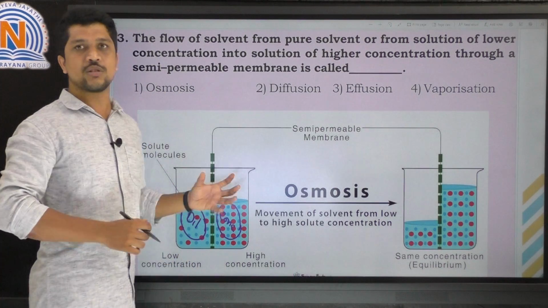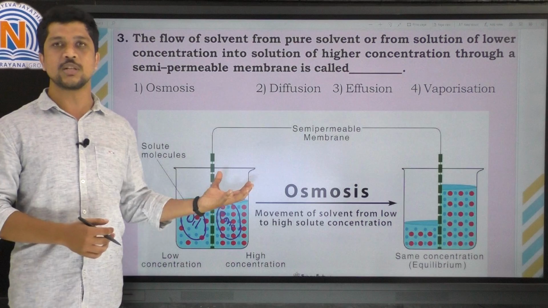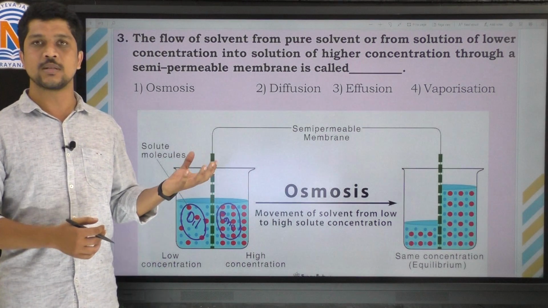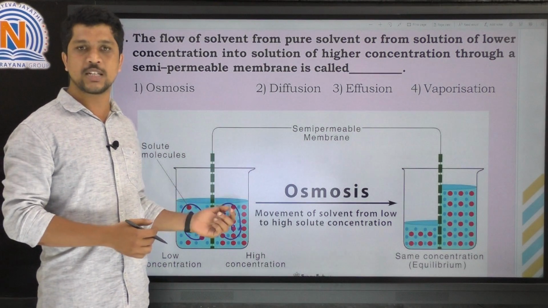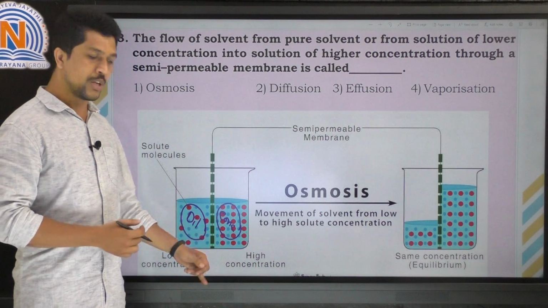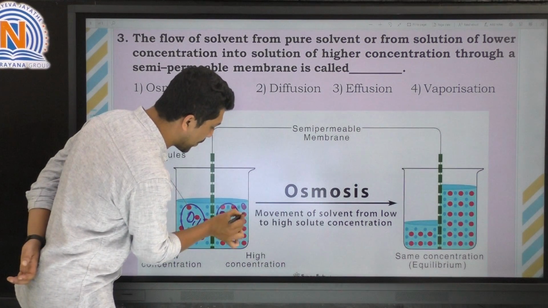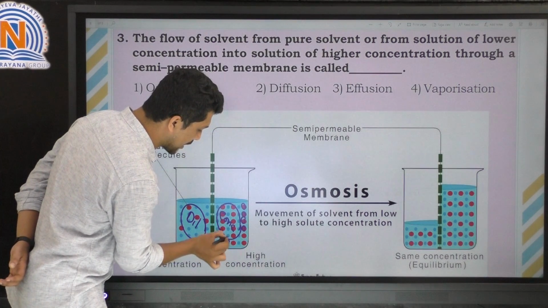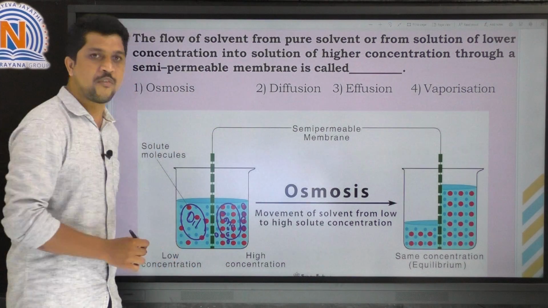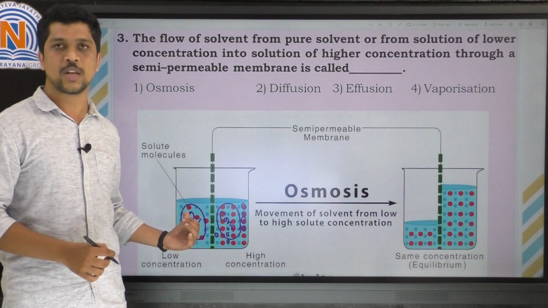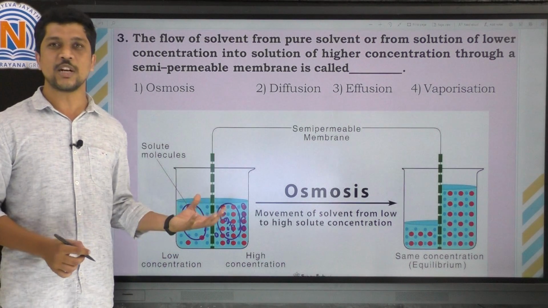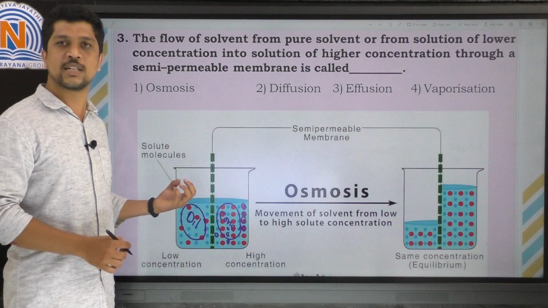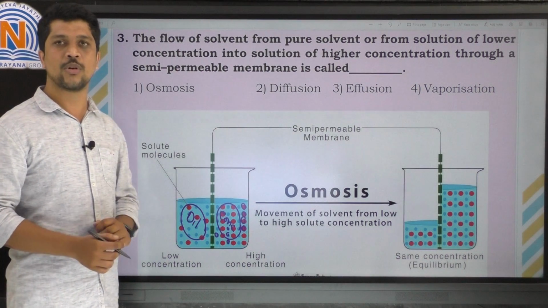In the concentrated solution, a high amount of solute is present. The red color is the solute particles, and these blue circles are solvent particles. In the dilute solution, more solvent and less solute is present, right?